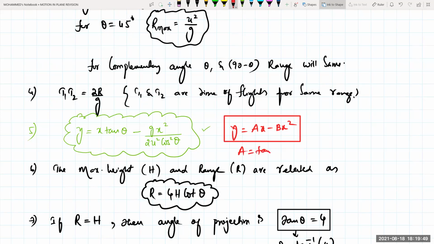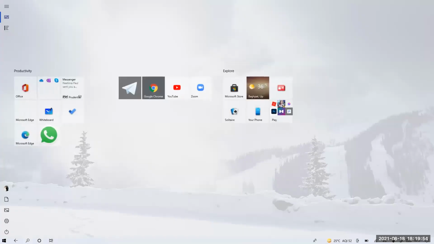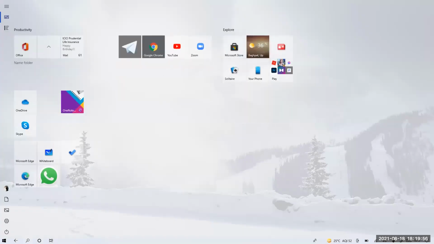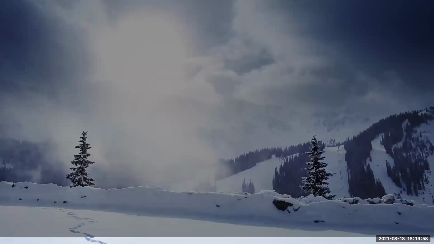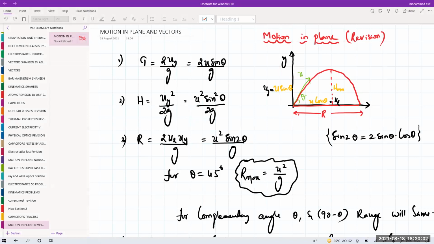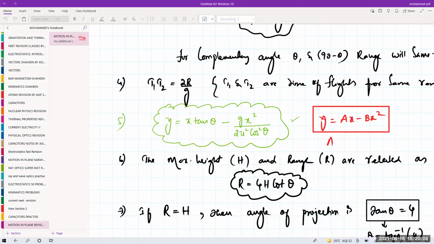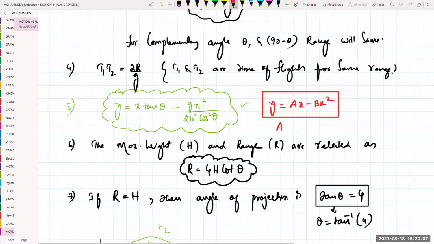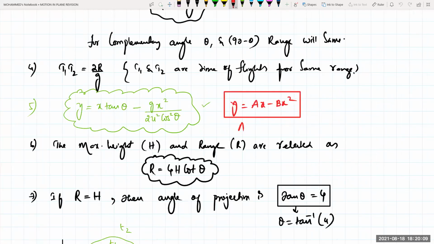And the b value will be equal to g by 2u square cos square theta. Is that clear?